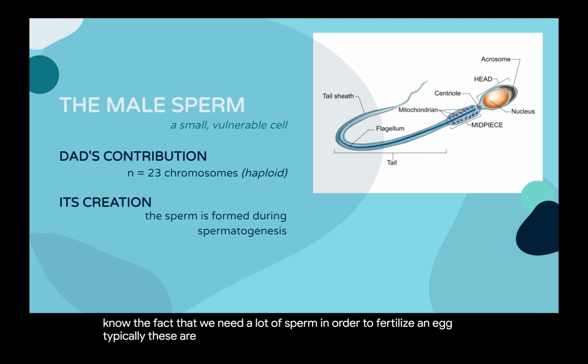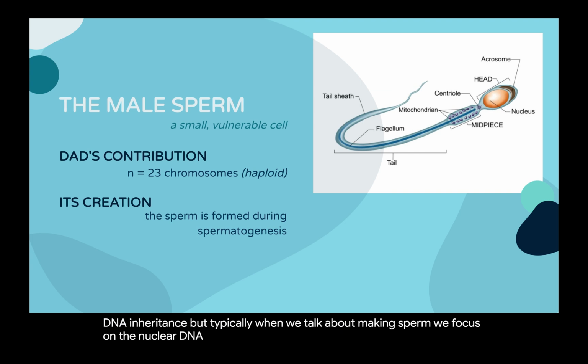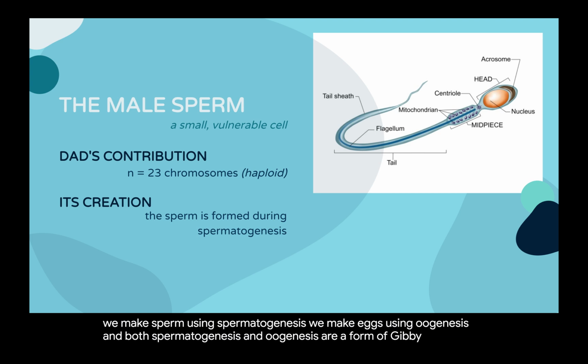These typically have mitochondria, and as I mentioned before, there have been exceptions in terms of mitochondrial DNA inheritance, but typically when we talk about making sperm, we focus on the nuclear DNA contribution because that is really the main one. So we make sperm using spermatogenesis, we make eggs using oogenesis, and both spermatogenesis and oogenesis are a form of gametogenesis. Does that make sense?